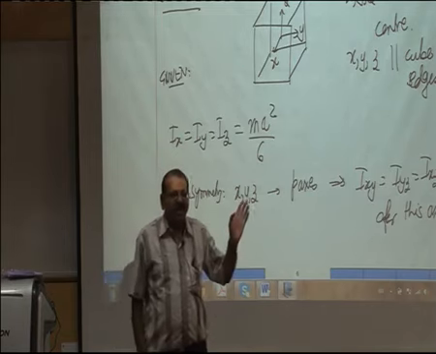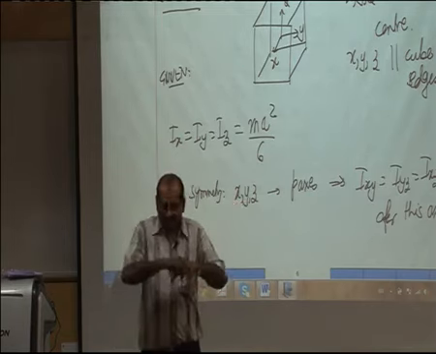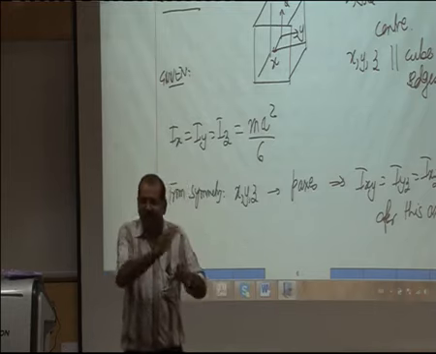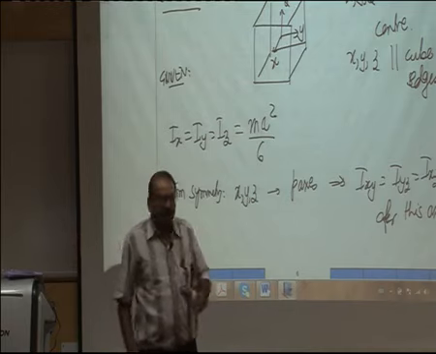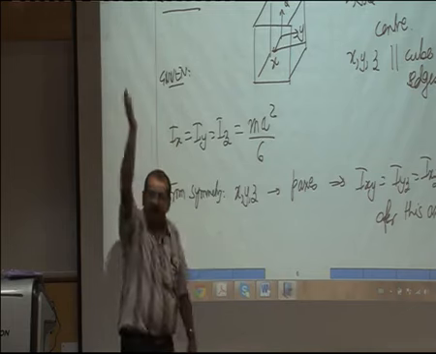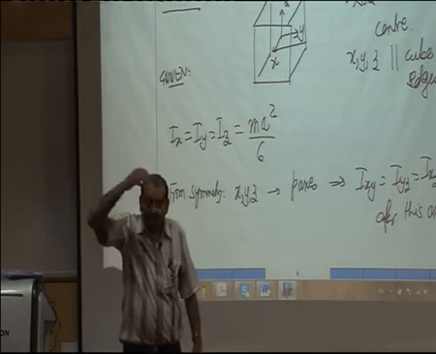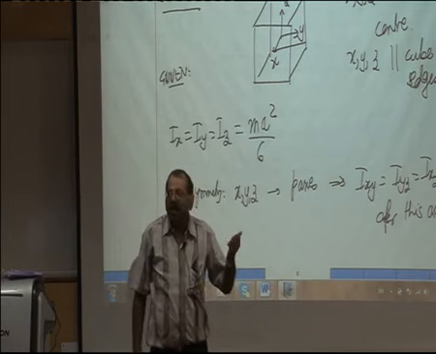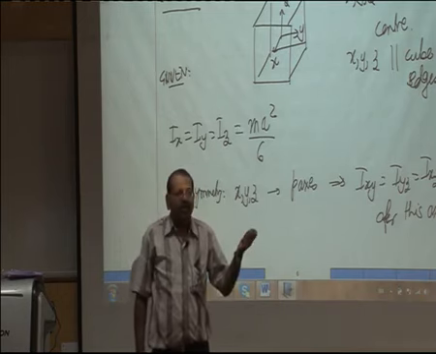That means what I am saying here is, if any vector is an eigenvector, the eigenvalue corresponding to that will be the same again. I11, I22, I33, they are all equal. So, what I am saying here is, if I go about any arbitrary axis, I will still have the moment of inertia about that axis will be ma square by 6, which is not obvious from symmetry.